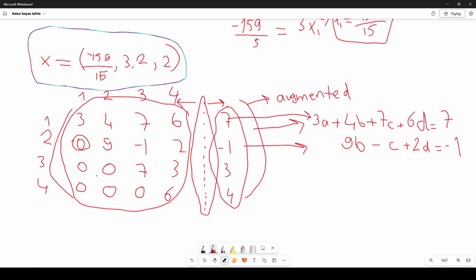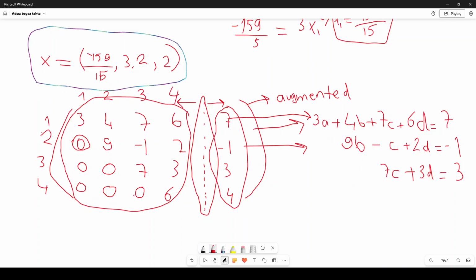In a similar manner, now you got 2 zeros, so a and b's coefficients in the third equation are equal to 0, so we got 7c plus 3d equal to 3.